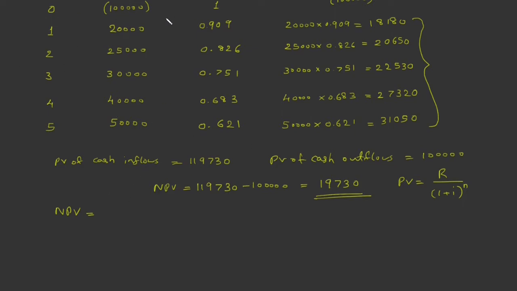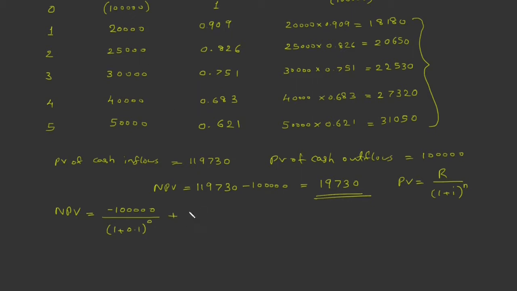The first cash flow is required at time t is equal to 0, which is 1 lakh. And it is a cash outflow, so I am writing minus 1 lakh divided by (1 plus i) the whole raised to n. Here i is 10%, therefore it is 0.1, and n is 0.